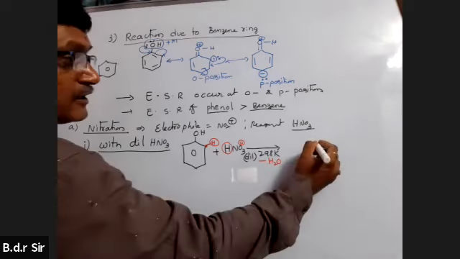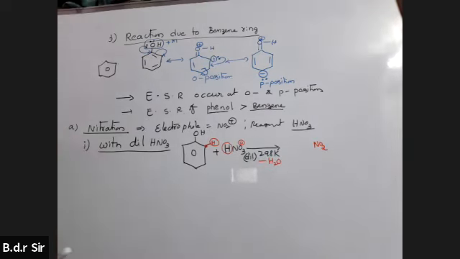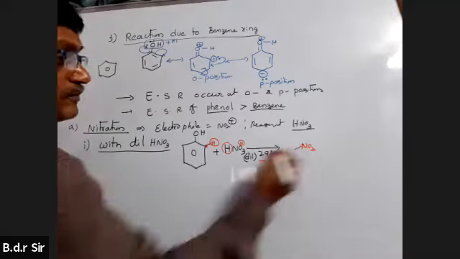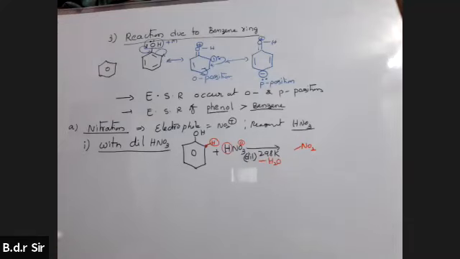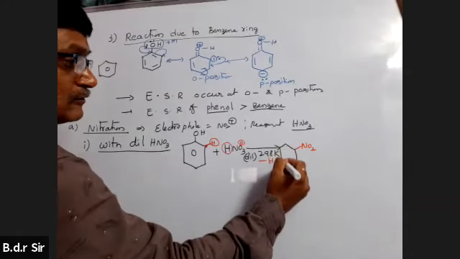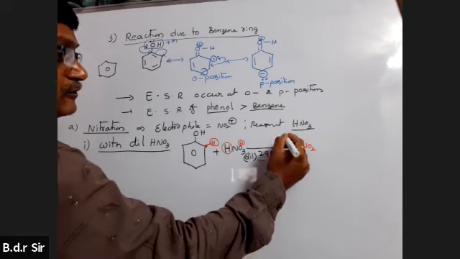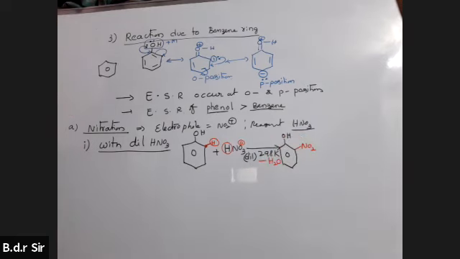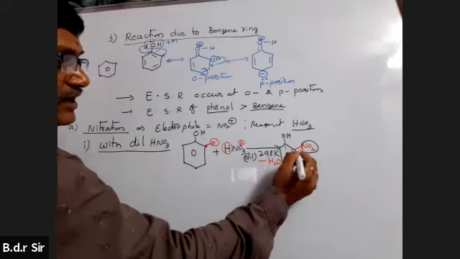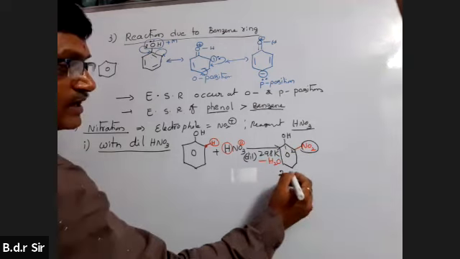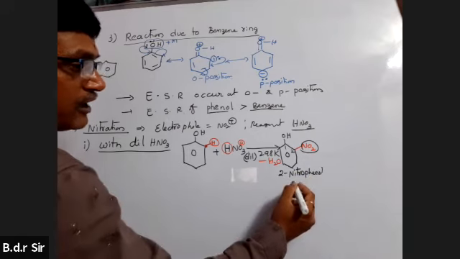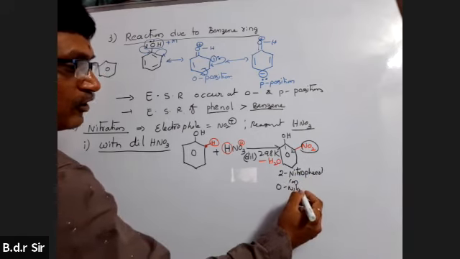What is the remaining? The NO2 group is bonded to phenol. What is the name of this compound? NO2 group at the ortho position. By the IUPAC name, 2-nitrophenol or orthonitrophenol.